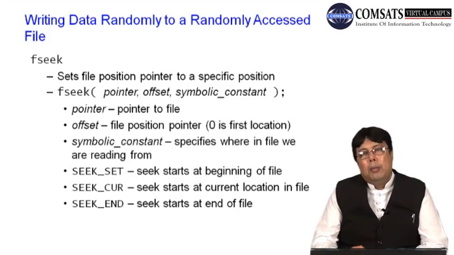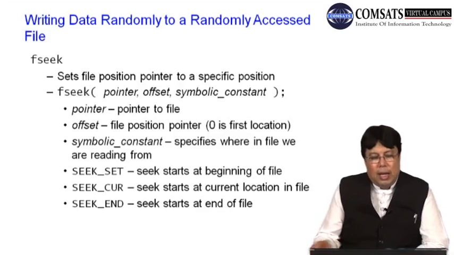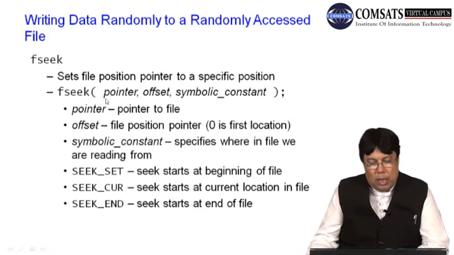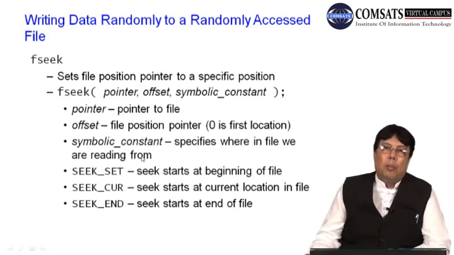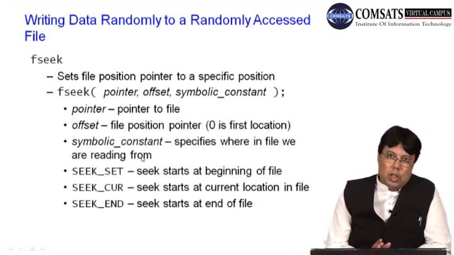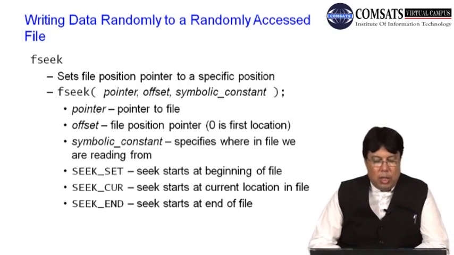So element number 47, just like that, you may call it a pointer, but this is an integer position pointer. 0 is the first location, 1 is the second location, 2 is the third location, and so on. So it's a symbolic constant, which specifies where in the file we are reading from. So we need to set our position first, and then we can read it out.